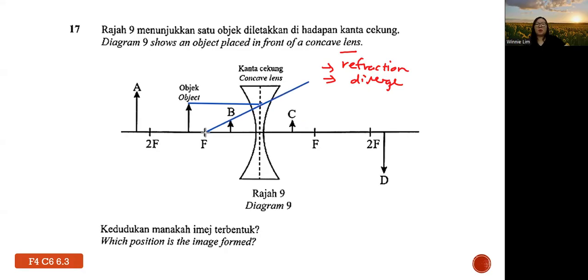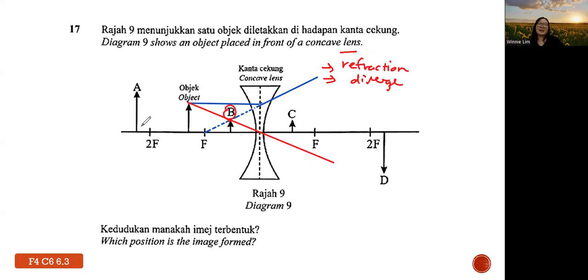So dotted, go up. My line is dotted because the ray is not supposed to exist in this part. What you will actually see in the actual scenario is the ray just passing through. And then the next ray that you construct for this concave lens is the one that cuts through the center. So the intersection point is where my image forms.